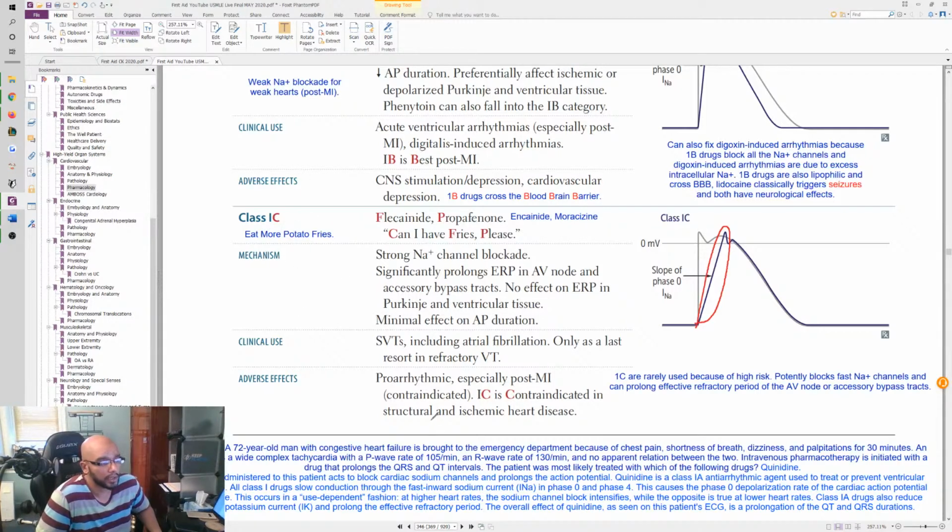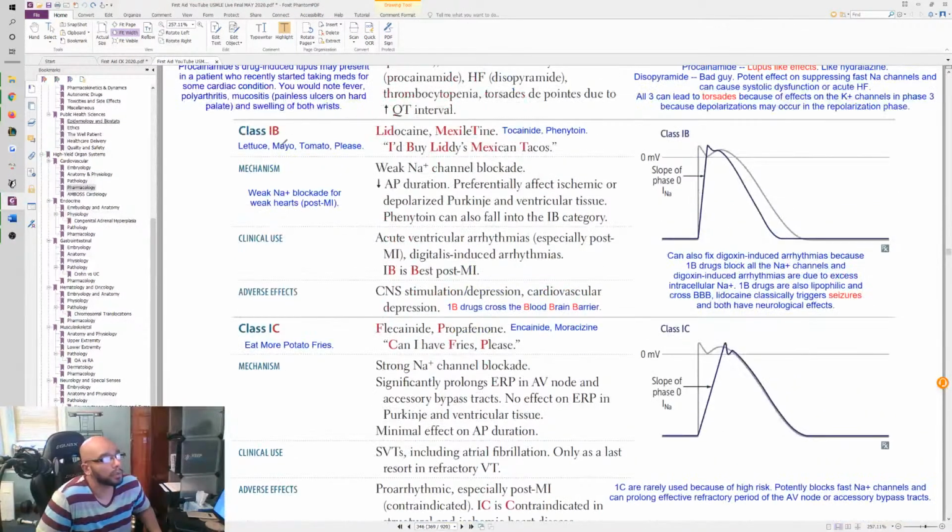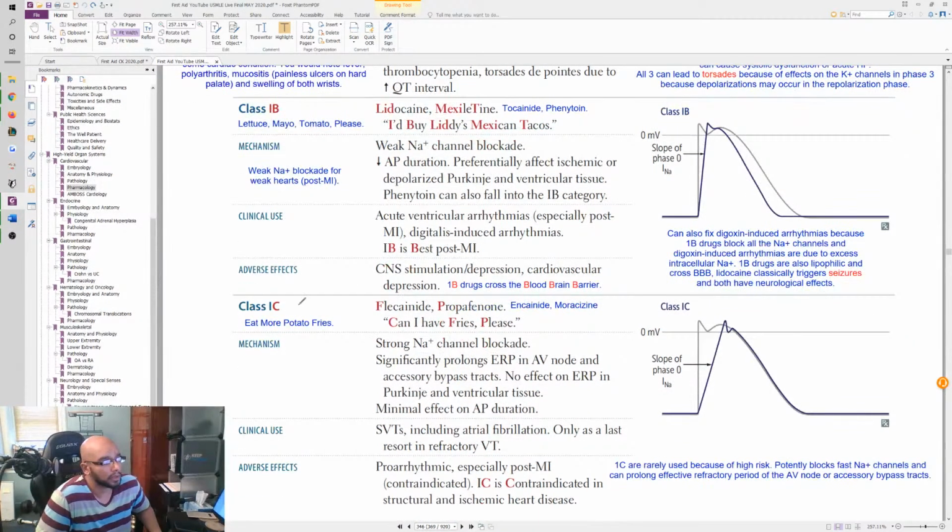It is contraindicated in structural and ischemic heart disease because it will only make them really bad, right? Their heart is going to have a harder time working correctly. 1B is better post-MI because 1B is pretty weak, a weak sodium channel blocker. But 1C is a very strong sodium channel blocker, and increasing the heart rate actually makes this medication work even more effectively, which is going to be bad for them because you don't want to prolong the QRS that much.